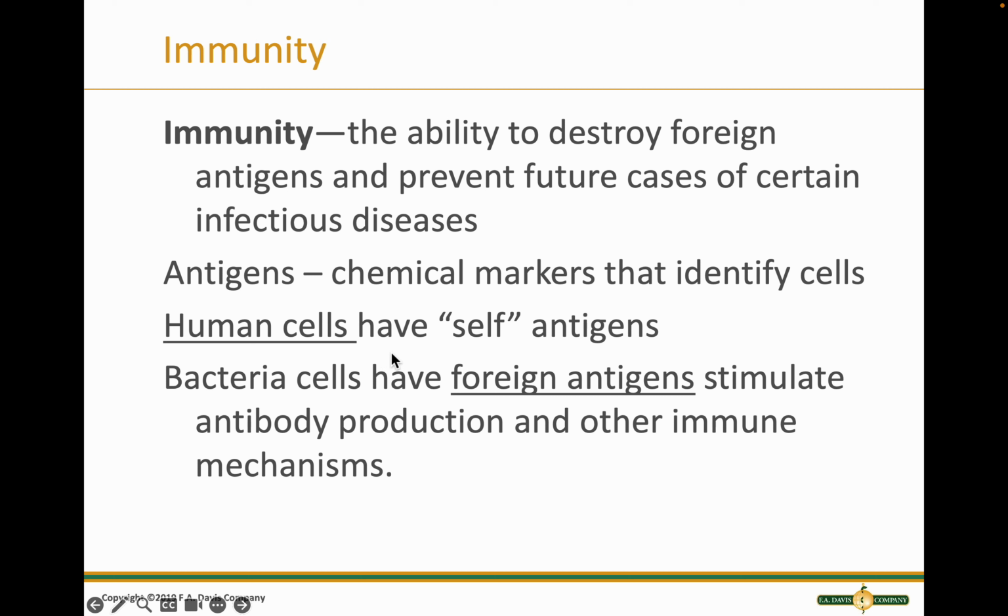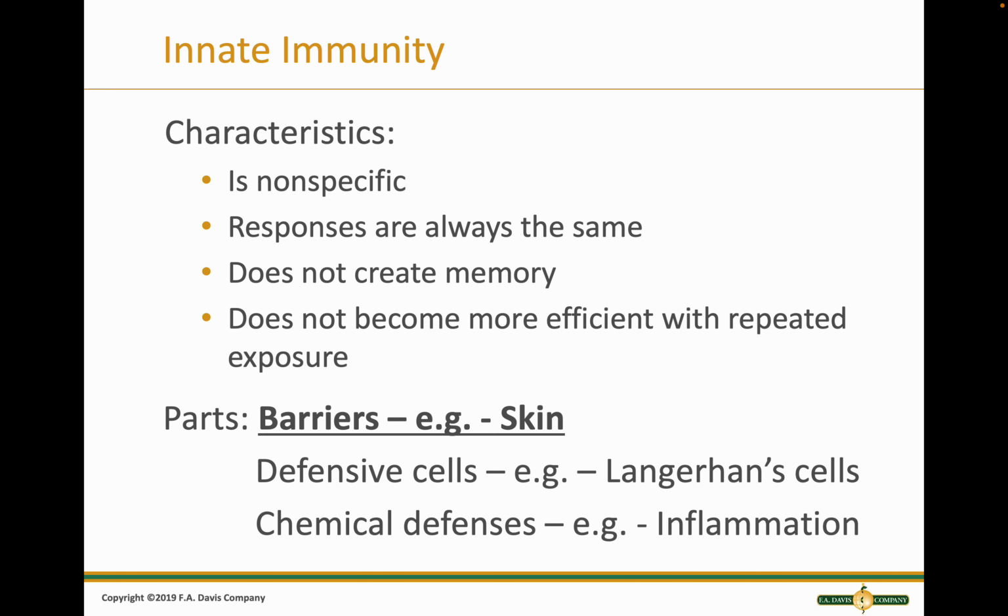So things like rheumatoid arthritis, and there are many other autoimmune diseases where your immune system gets confused, and instead of fighting off bacteria, it will actually start trying to fight off your own cells in different parts of your body. But anyway, that will become important in pharmacology, especially when we talk about autoimmune diseases and the drugs we give for that.